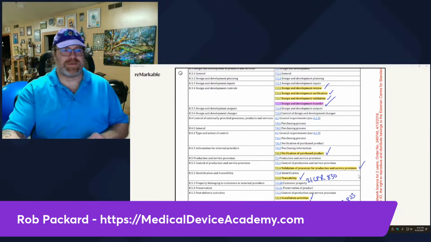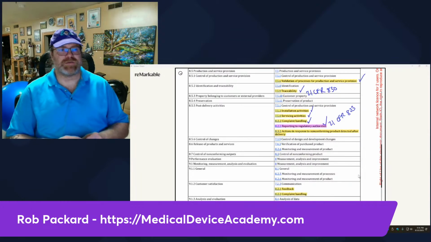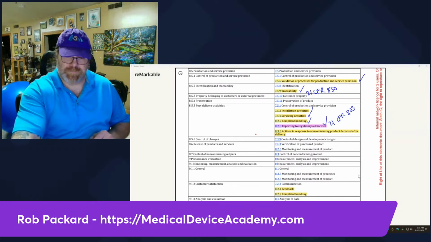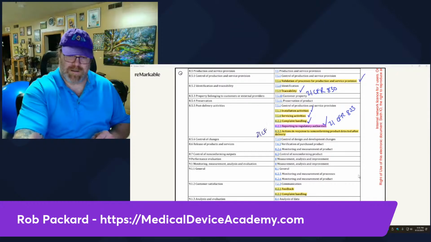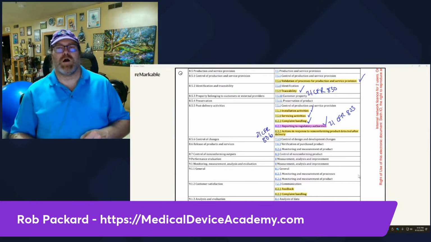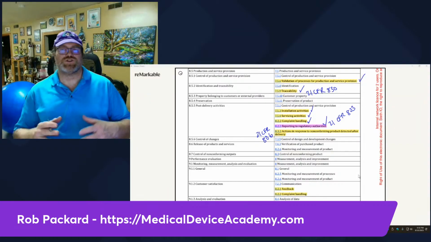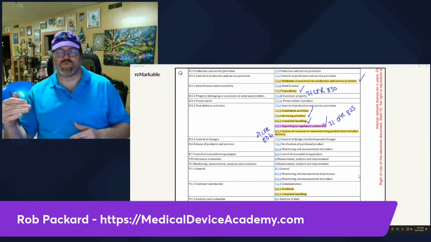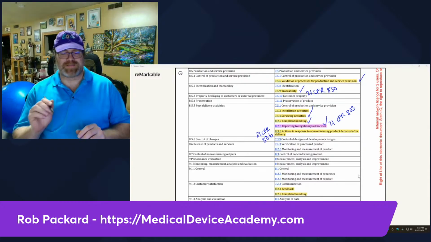The next item on the list is actions in response to non-conforming product detected after delivery. This is the recall clause. So this is going to be 21 CFR 806, corrections and removals. Also Part 7, which talks about enforcement and the FDA's classification of recalls in Class 1, 2, and 3 recalls. That's not spelled out.